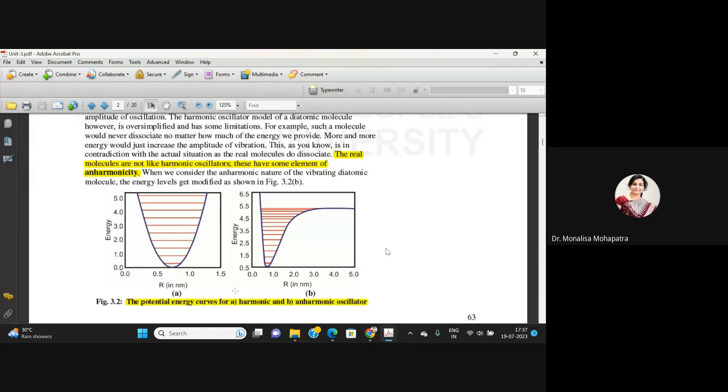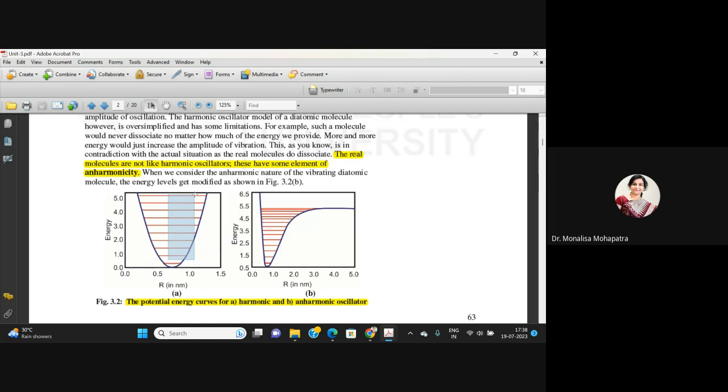Why did I remind you about Hooke's law? Because there the energy expression of the simple harmonic oscillator is parabolic. So we are getting a parabolic shape here, energy versus internuclear distance in nanometers. You can see the lower red one and the upper red ones are evenly spaced, meaning for harmonic oscillators the energy level separation is even, equispaced.